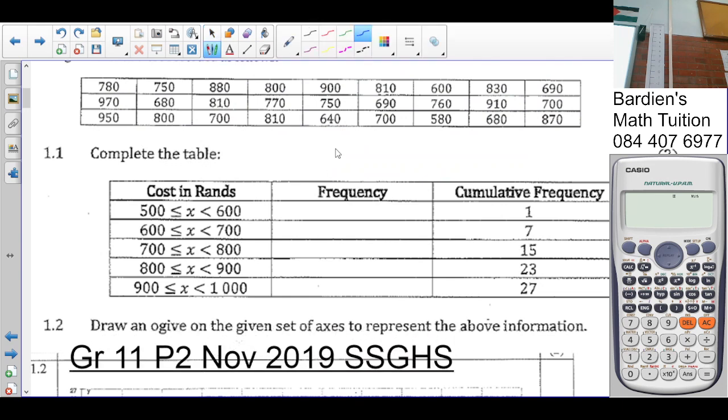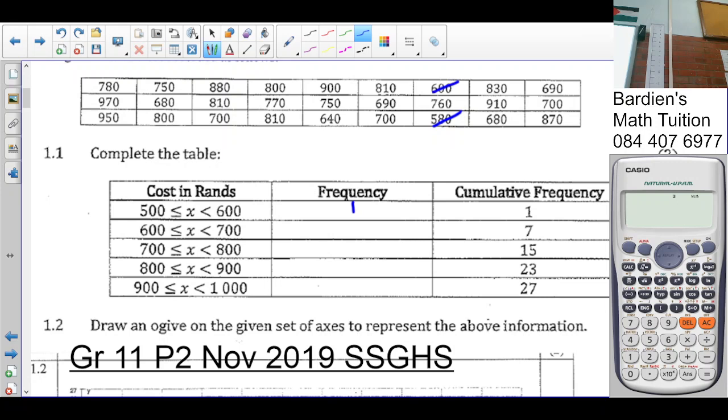How many are from 500, including 500, to 600? So 5 something. Only one. Then 600 to 700.